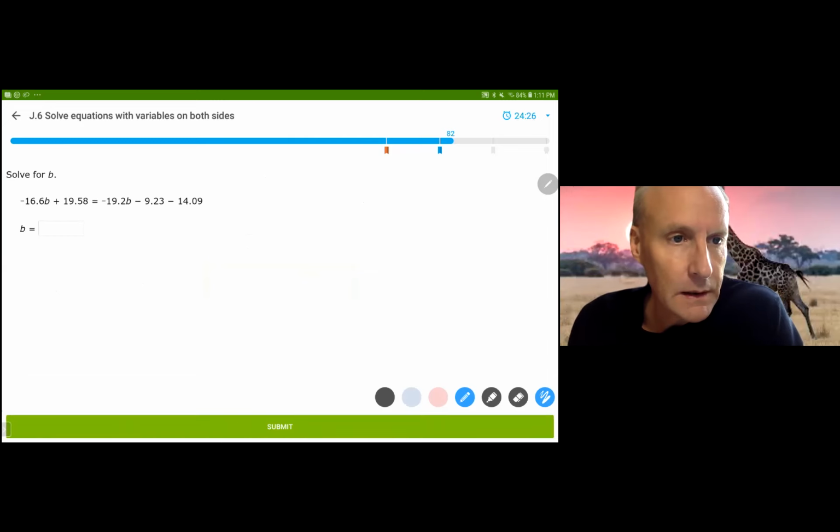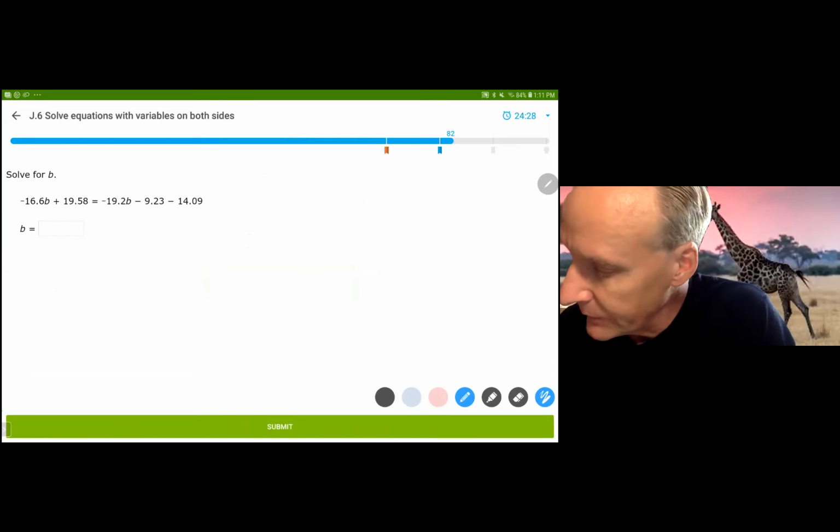Lots of decimals here. They want to make sure I know my decimals now. I've got a negative 16.6b, and I'm going to end up adding 19.2b to both sides.